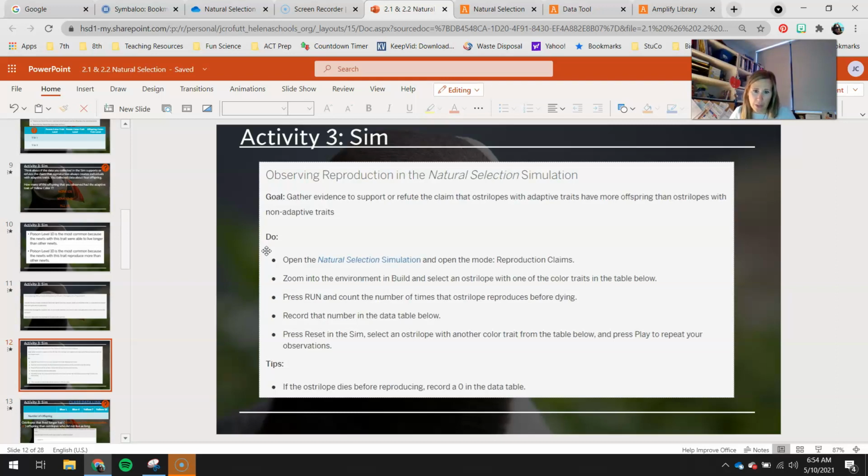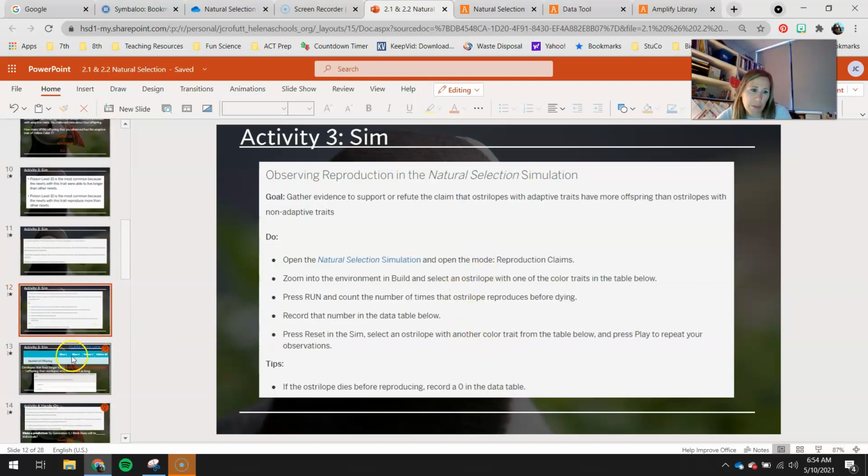Press run and count the number of times that Australope reproduces before dying. Record the number in the data table below. Press reset in the sim, select an Australope with another color trait from the table, and run through that data collection as well. Tip: if the Australope dies before reproducing, record a 0 in the data table.